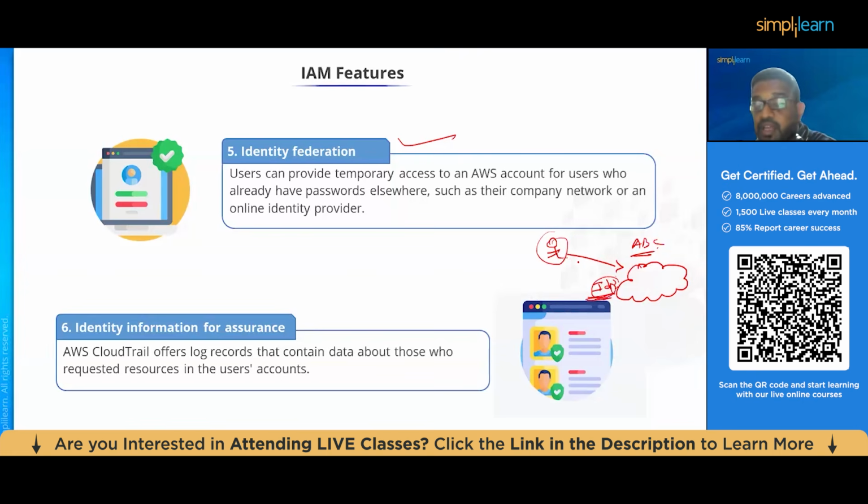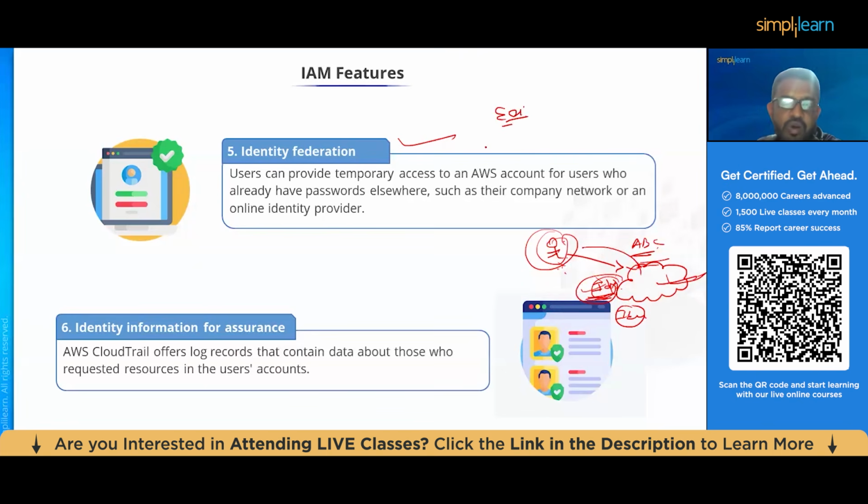Once the user is validated, then only he or she can access the AWS resources. That means when some external user wants to access your organization resources, IDP will come into the picture to authenticate this user. Once the authentication is done, then you are able to access the AWS resources.